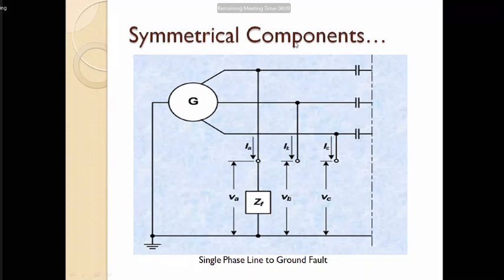Our nomenclature in the sequence domain we say is what? I positive, I negative, I zero. Yes, sir, addition of the currents. I just forgot that. Okay.